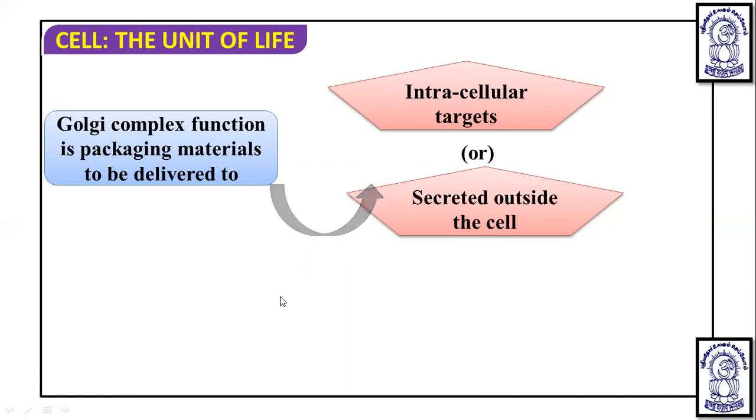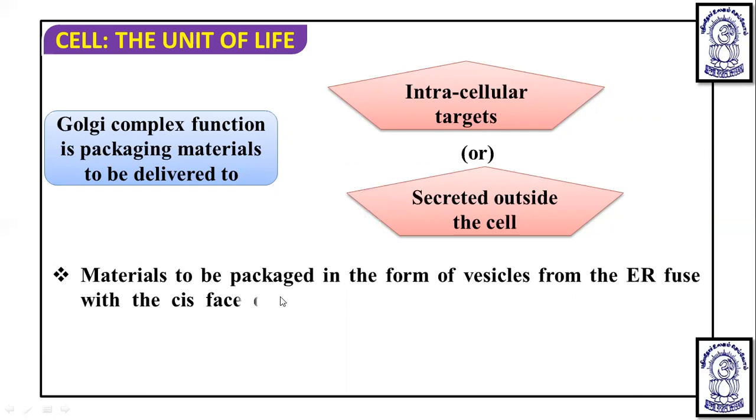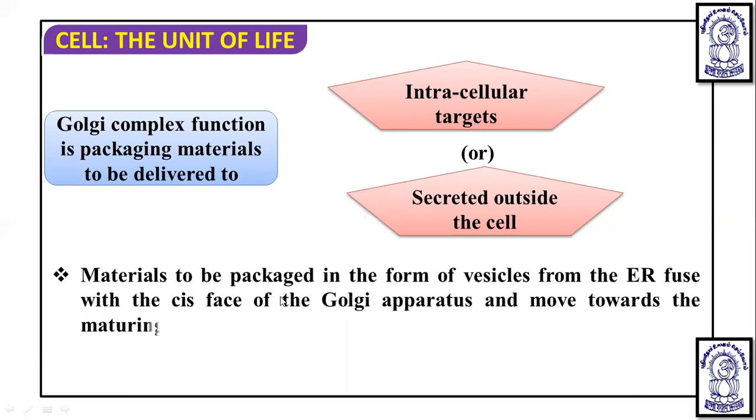So materials to be packaged in the form of vesicle from the ER fuse with the cis face of the Golgi apparatus. Dear students, cis face is nothing but which one? We can say the convex surface of cisterna, which is towards the nucleus where it receives the vesicle from the ER, and then moves towards the maturing face, and from this it is released with the packaged proteins which are matured.